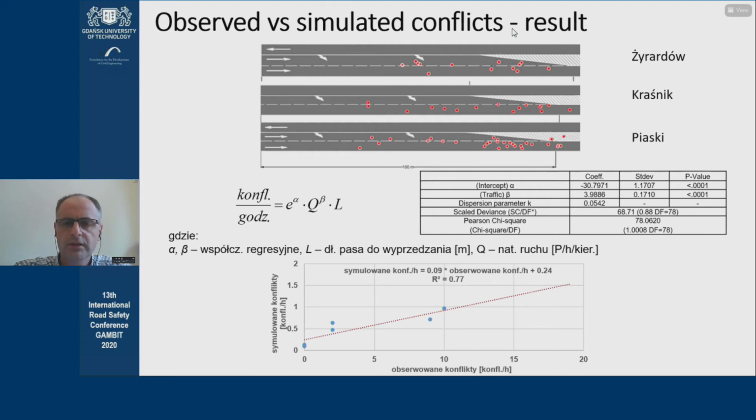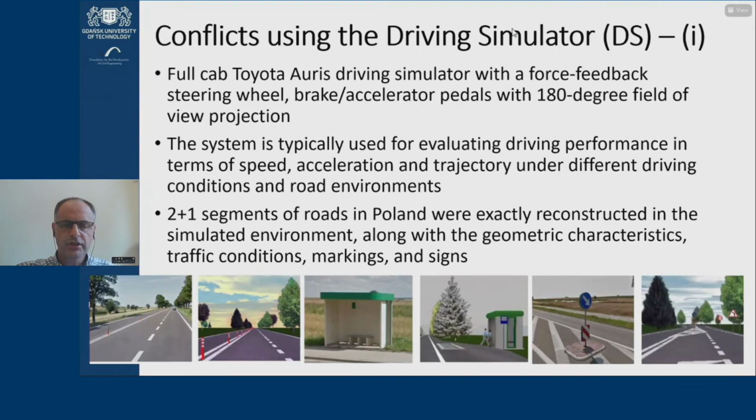And when we did microsimulation, we saw that conflicts usually happen at the merging of the lanes, something we didn't see earlier on. So driving simulator, as I said, we ran the test in Rome, where they have a full cab Toyota Auris driving simulator.